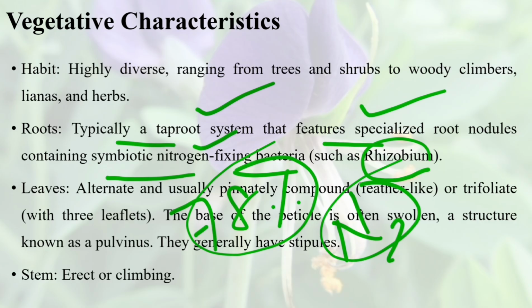In this process those nitrogen fixing bacteria help, and sometimes they live forming a symbiotic relationship with the plant root of this Leguminosae or Fabaceae family.